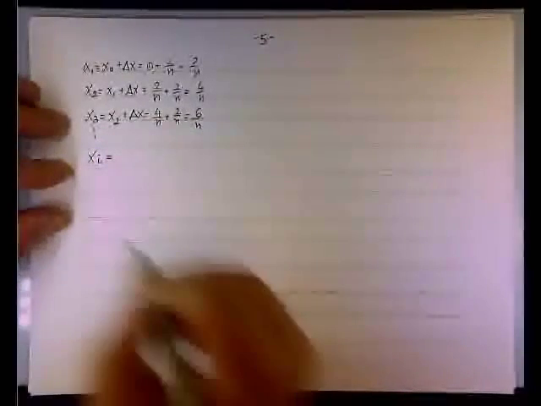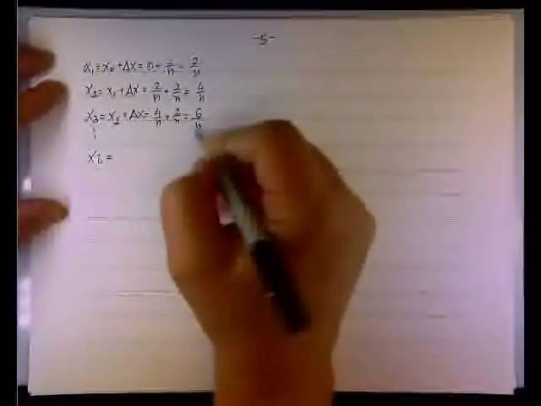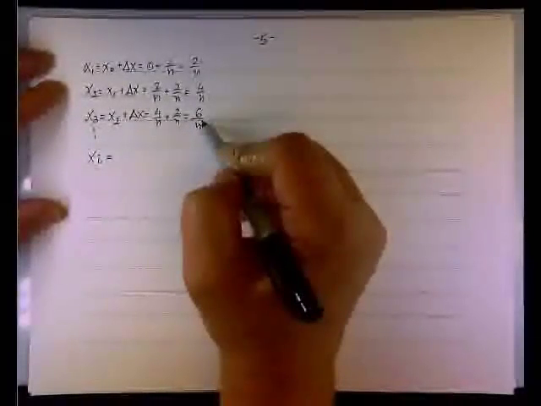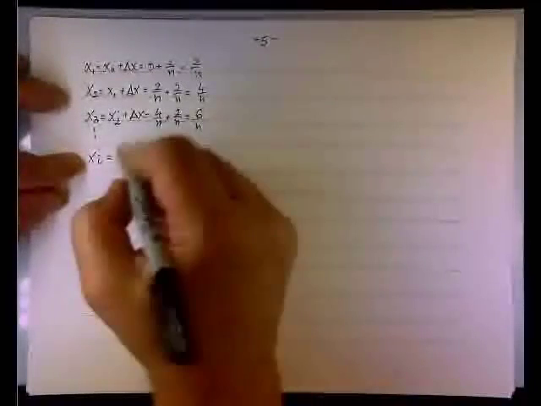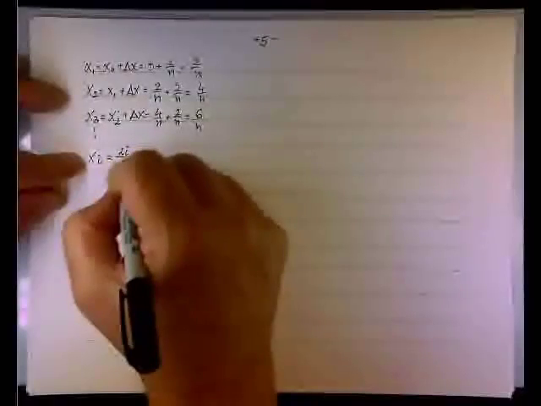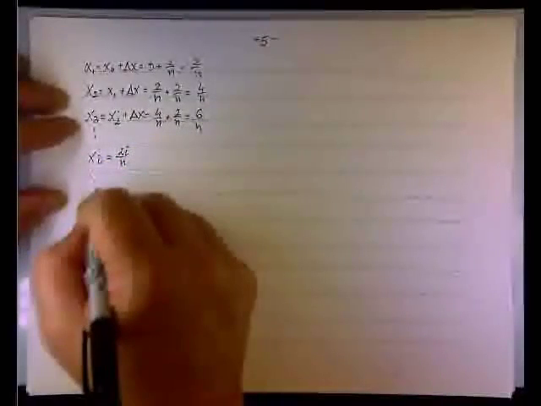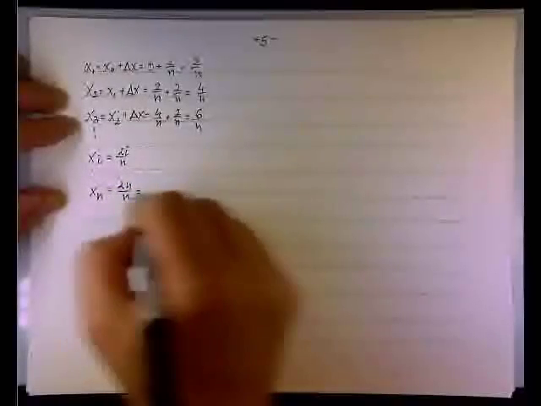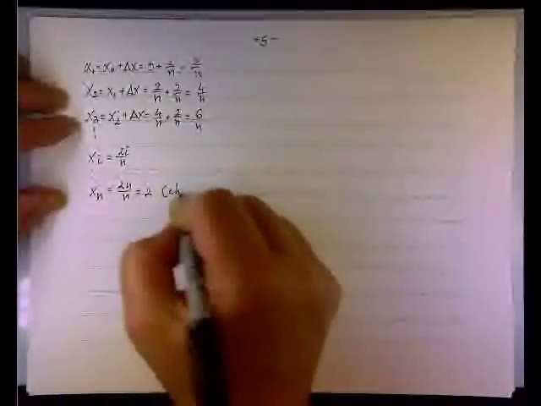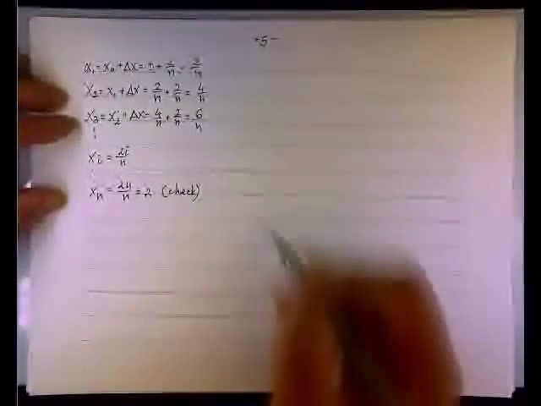So what is x sub i? I'm asking you guys. Do you see the pattern? 2, 4, 6. For 1, 2, 3. So for i, what do we have? 2i over n. And to check, what is x sub n? Well, it will be 2n over n, or simply 2. So again, you check. Okay?